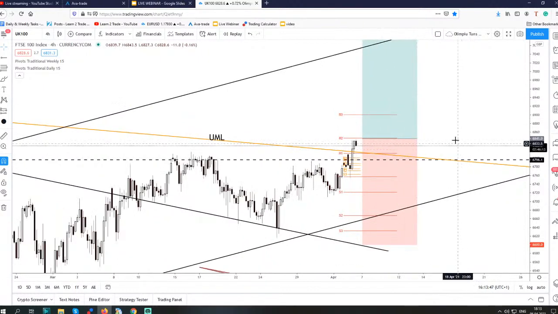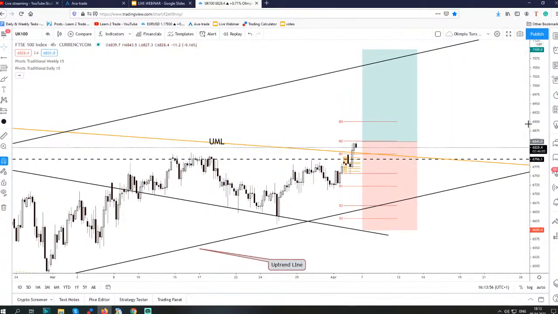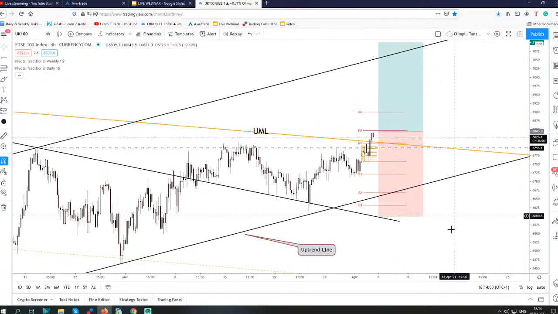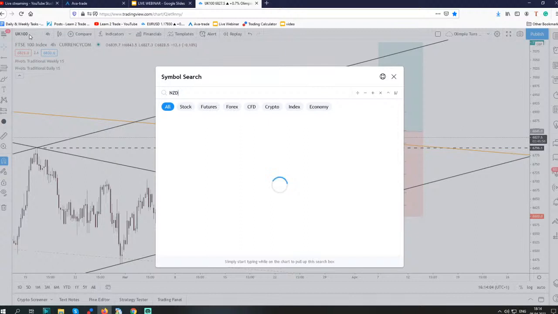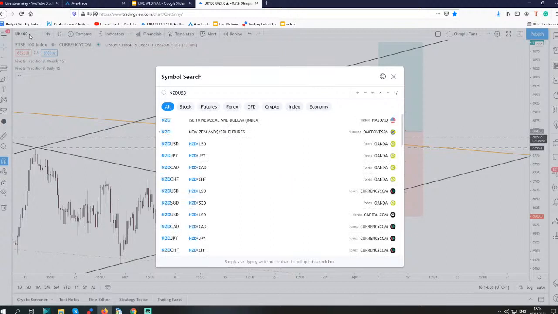Okay, and also a bullish closure right above R2 will really confirm a further increase on this index.